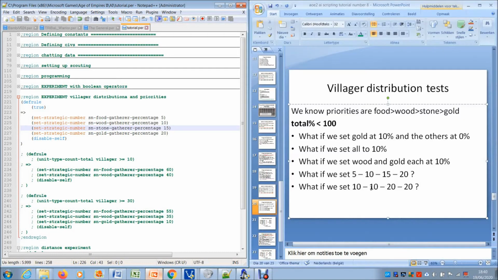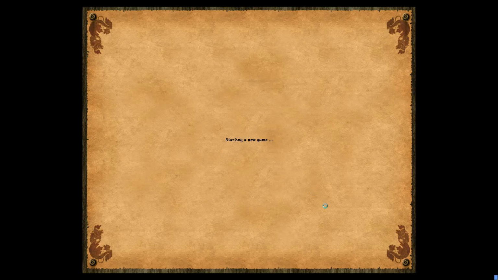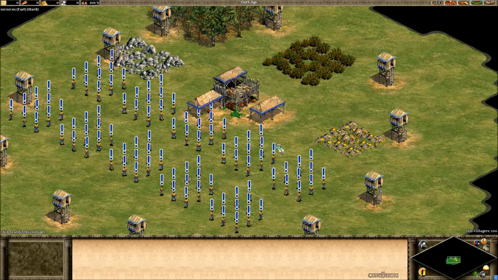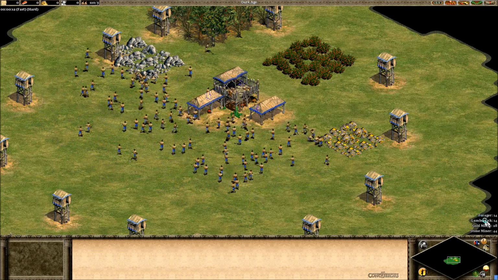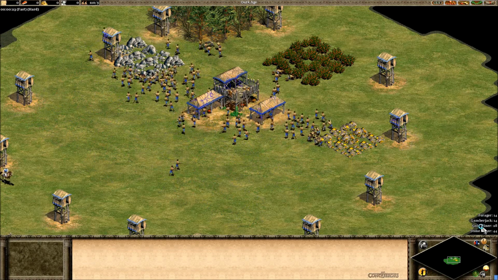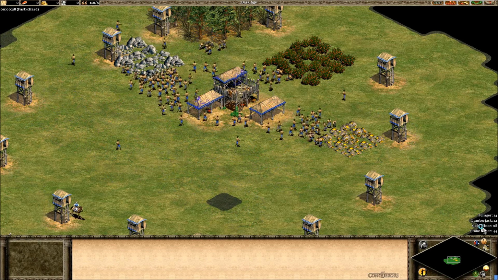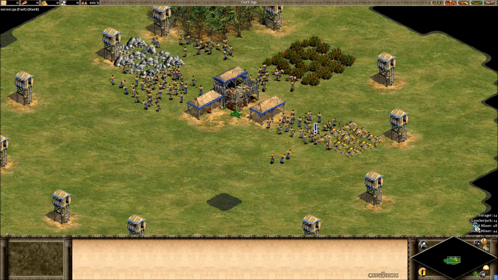We will do another experiment: 10, 10, 20, 20. We will see what happens. There are equal numbers on food and on wood, double that many on gold, as that percentage is double, and stone and gold are both set at 20%.